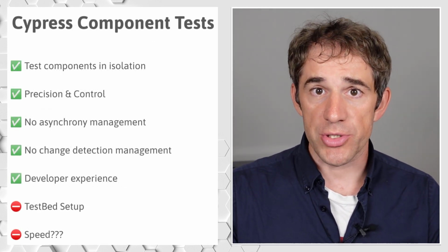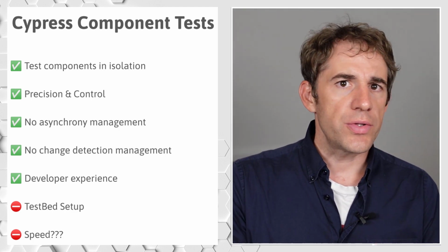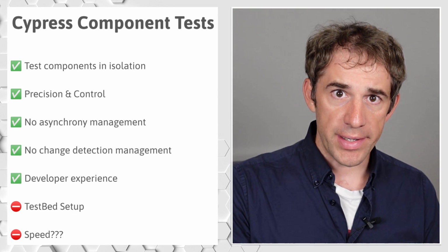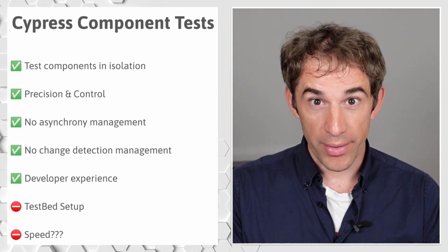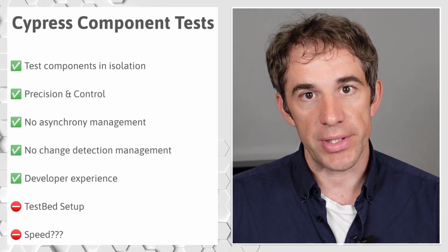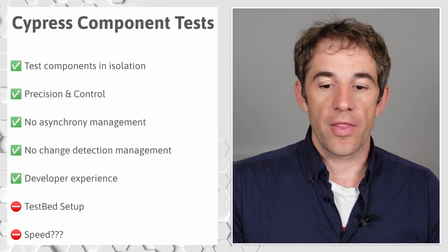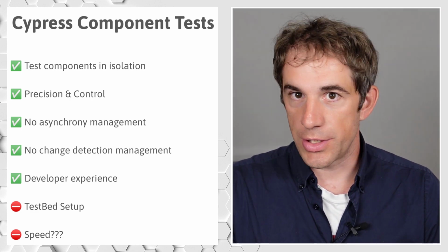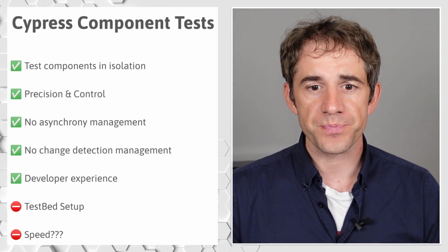Now this is where Cypress Component testing enters the game, because they say, look, you don't need to deal with all these issues from your component tests. Nevertheless, you can test your components as they are in Jest or in Karma, but with the commands of Cypress. And of course, all its advantages that it has. And the way how it works, you just need to activate it in Cypress starting from 10.5.